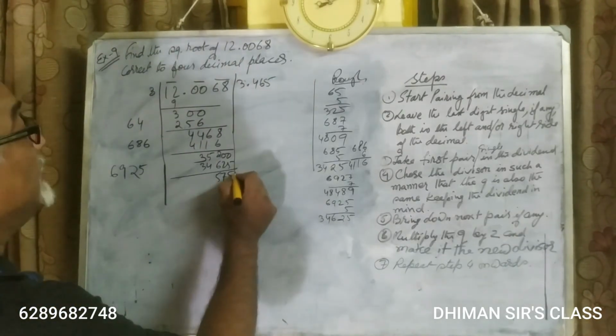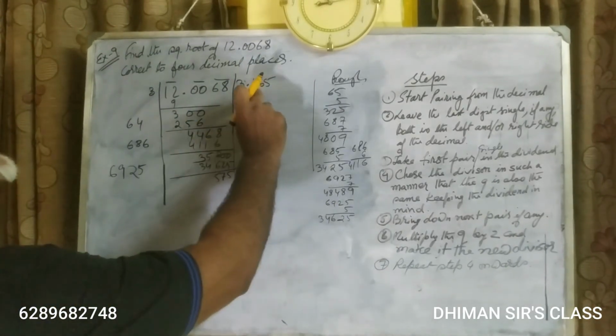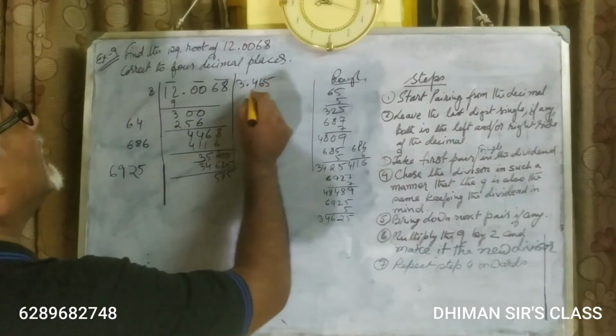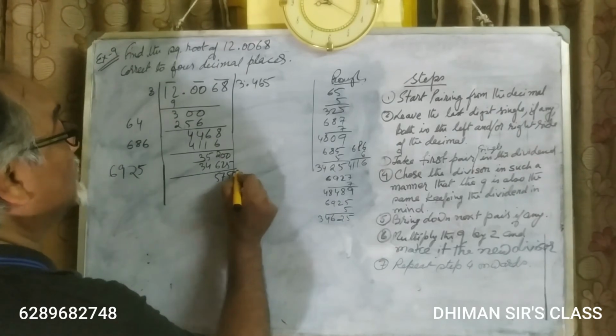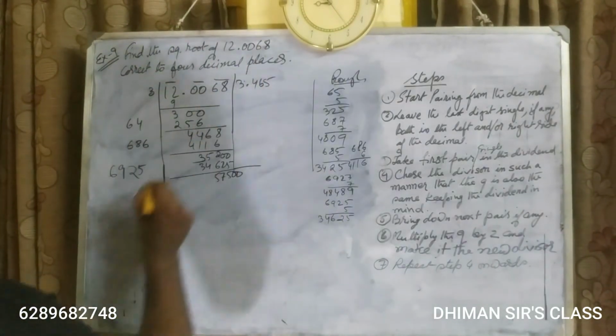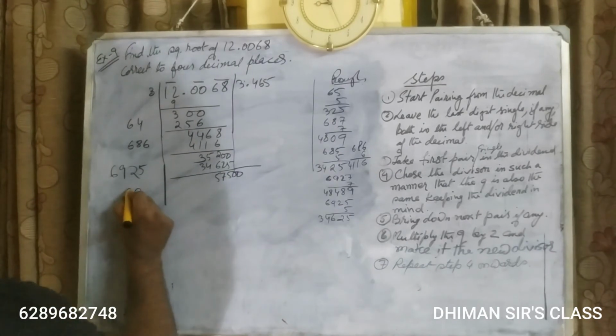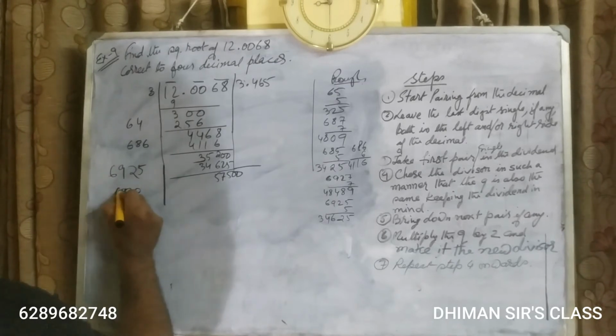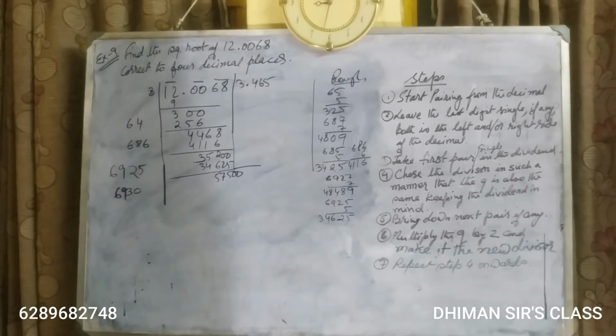Okay, 575. Now we have still 2 more digits to go. So now decimal is already there. 2 zeros free. So now multiply: 2 5s are 10, 2 6 are 12, 13, 2 4s are 8, 9, 2 3s are 6. 6930.